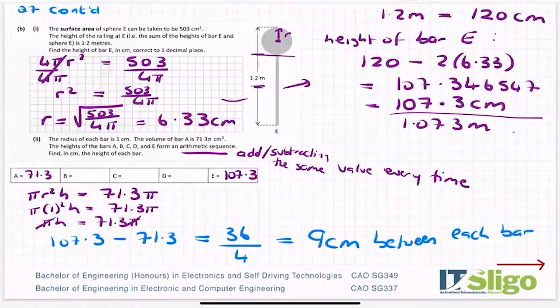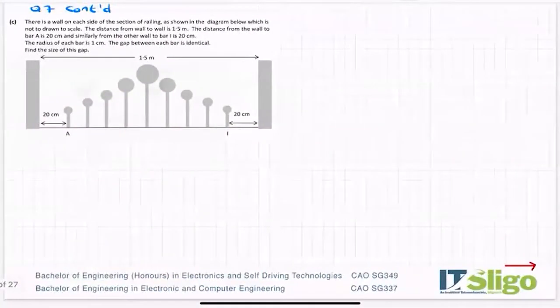So if bar A is 71.3, then 71.3 plus 9, he's 80.3, he's going to be 89.3. He's going to be 98.3, and let's just add on the last 9, and yeah, we're up to 107.3. Okay, so that's how you worked out the heights of all of those bars. Okay, and there was 10 marks for that.